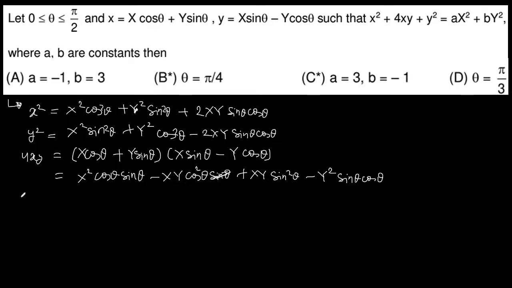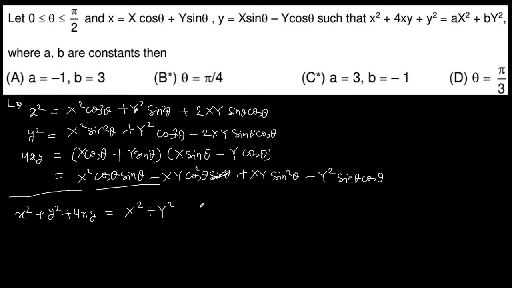Now we'll add all three: X square plus Y square plus 4xy. If you find, it is nothing going to be like this, X square and Y square cancel.